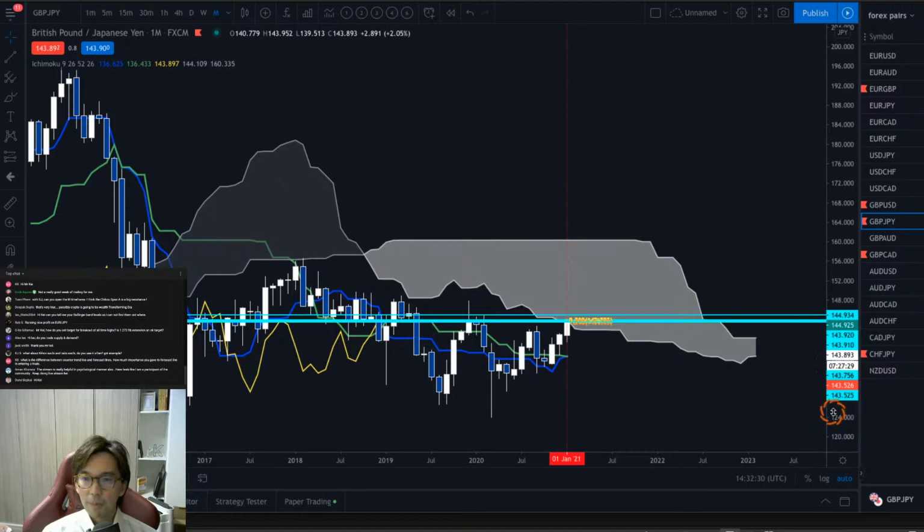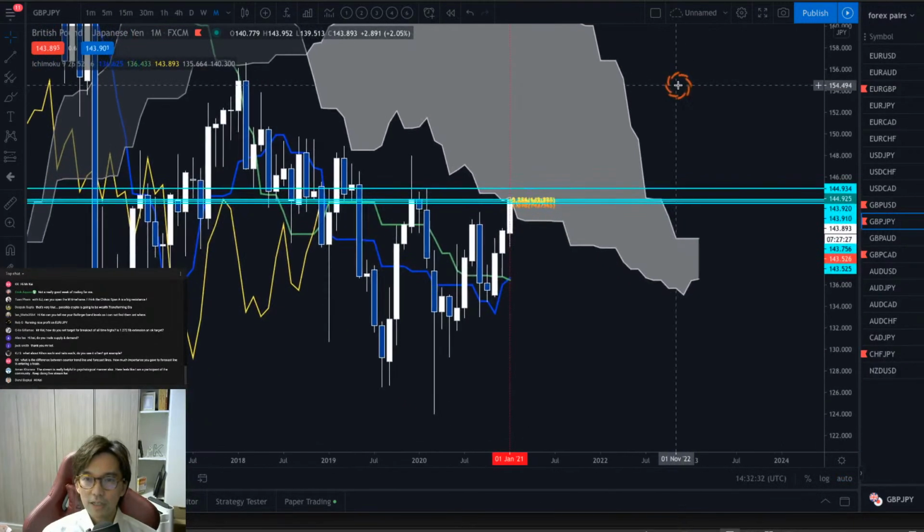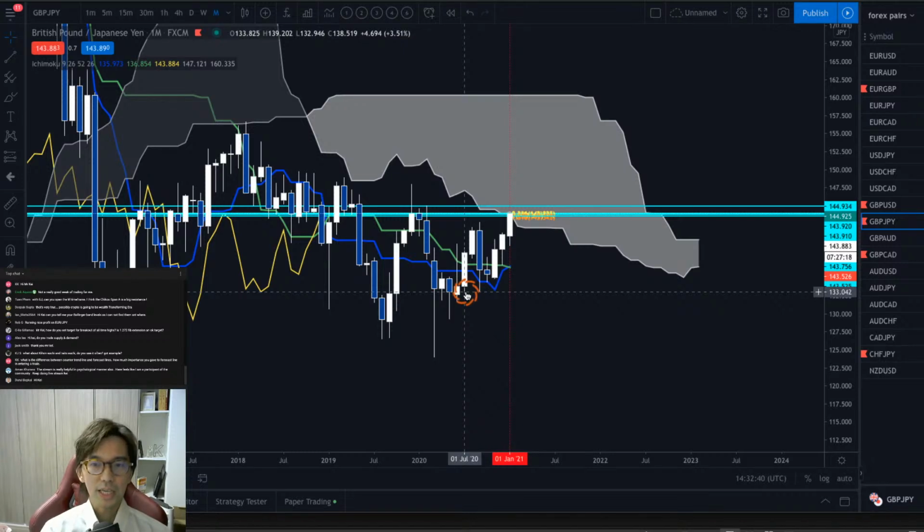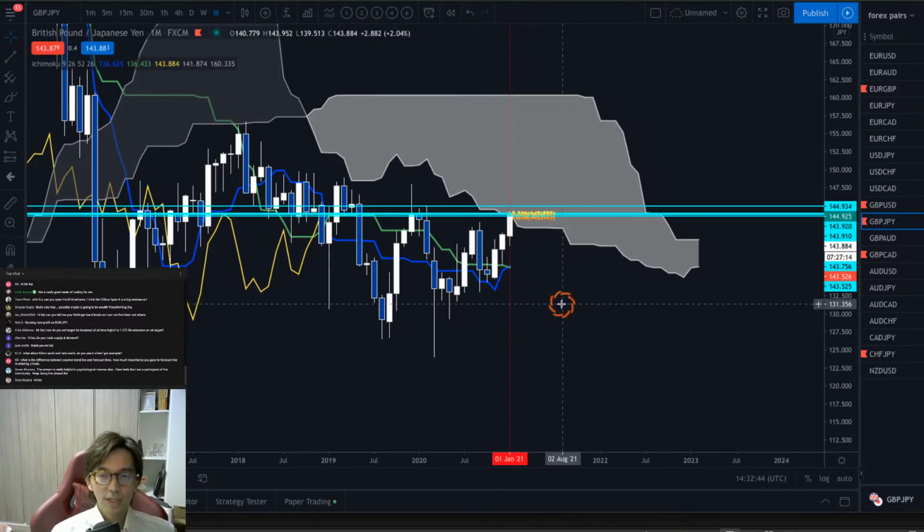Alright, the monthly chart is range, and the market is going into the Kumo now. So it's a range, so we cannot take trades in the monthly chart. We don't know which way it's going on this monthly scope. And also let's take a look at the weekly chart.